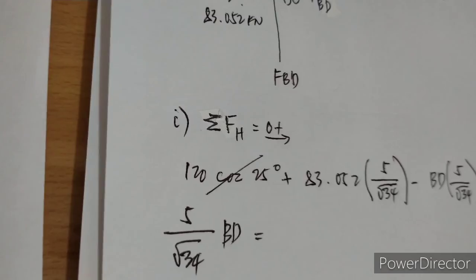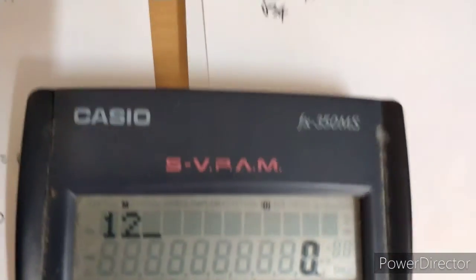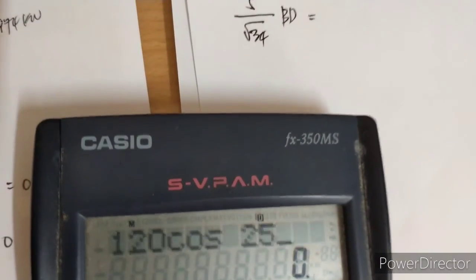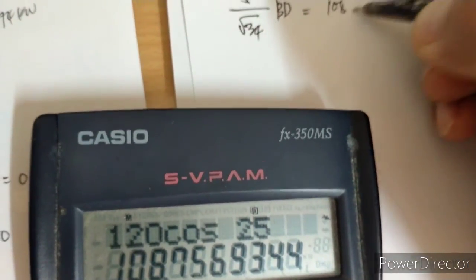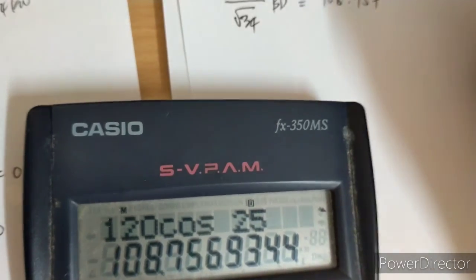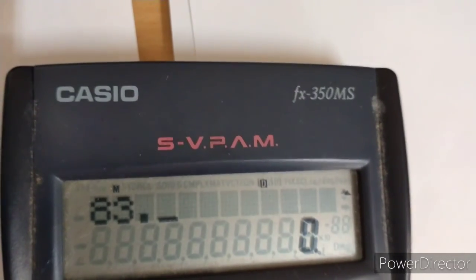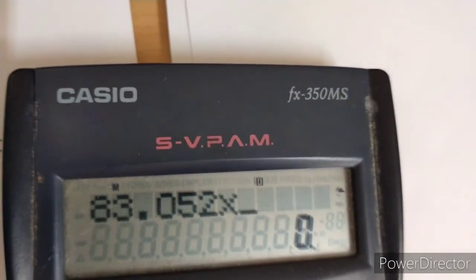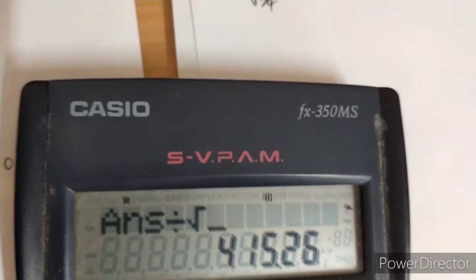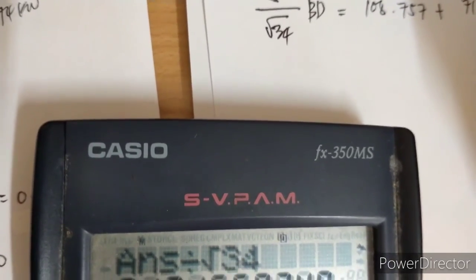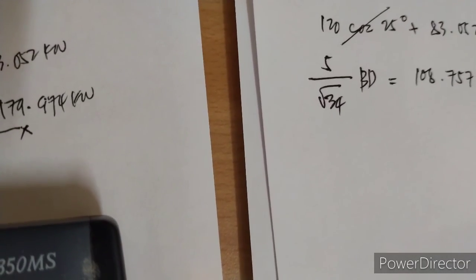So we have 120 cosine of 25, that will give you 108.757, plus 83.052 times 5 divided by square root of 34, that will give you 71.217.